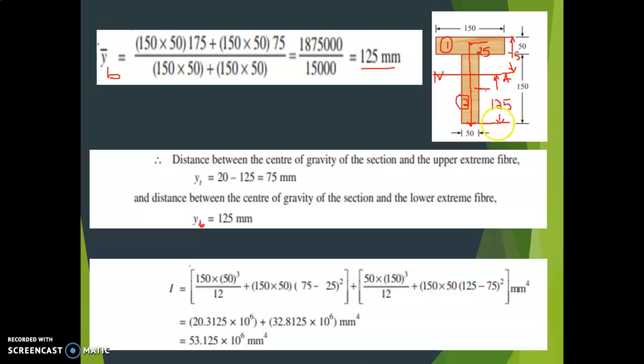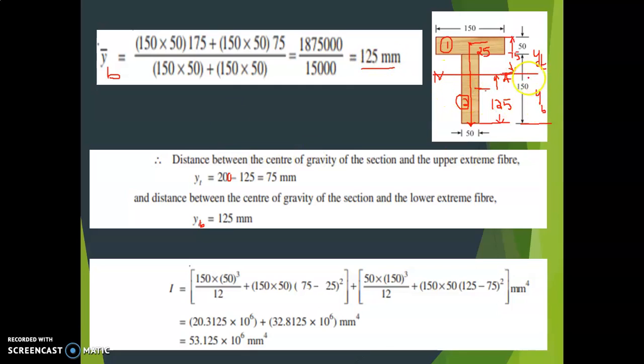So YT is 200 minus 125, that is equal to 75 mm. So that is from the top. That's why I have marked it here, this is YT. From the top it is 75, and this distance from here to here is YB, whatever answer you got, 125.